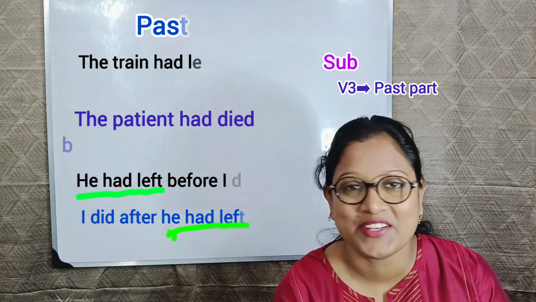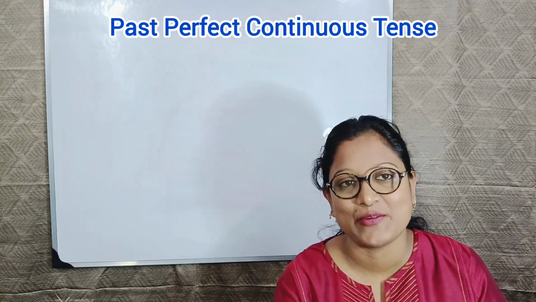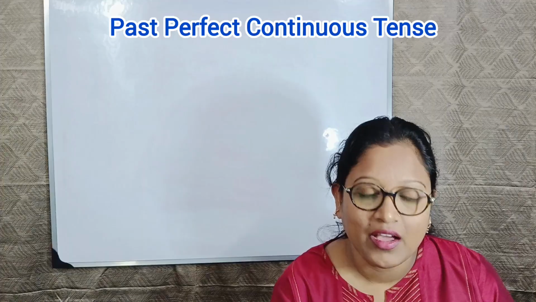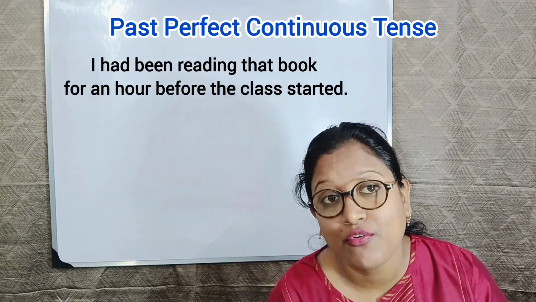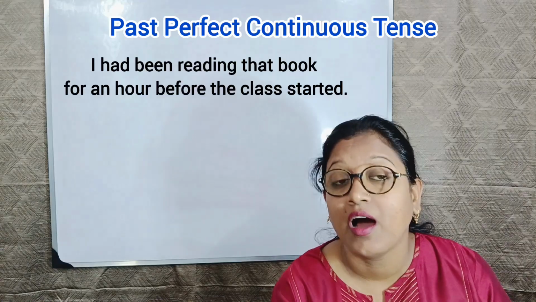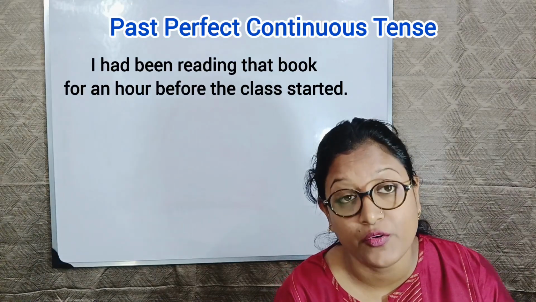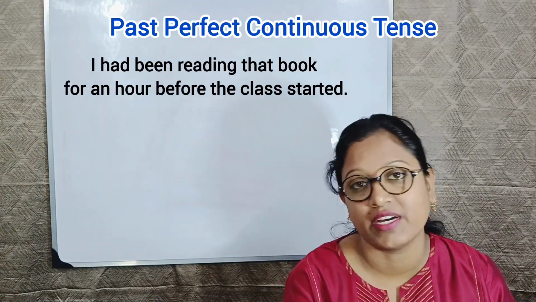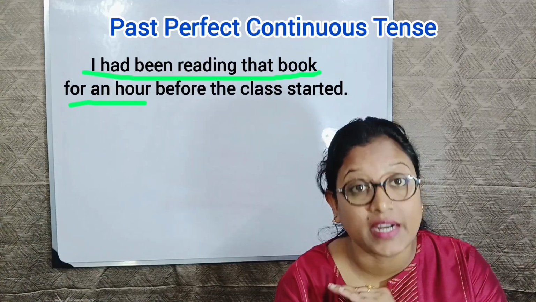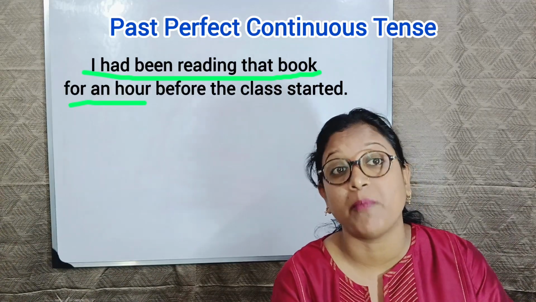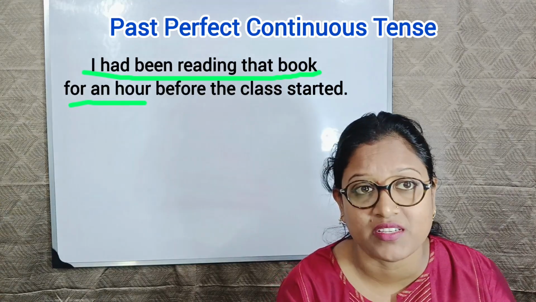Clear? Now let's move on to past perfect continuous tense. I had been reading that book before the class started. I had been reading the book for an hour before the class started. So see, the action was continuing for a certain time in the past before another past action.